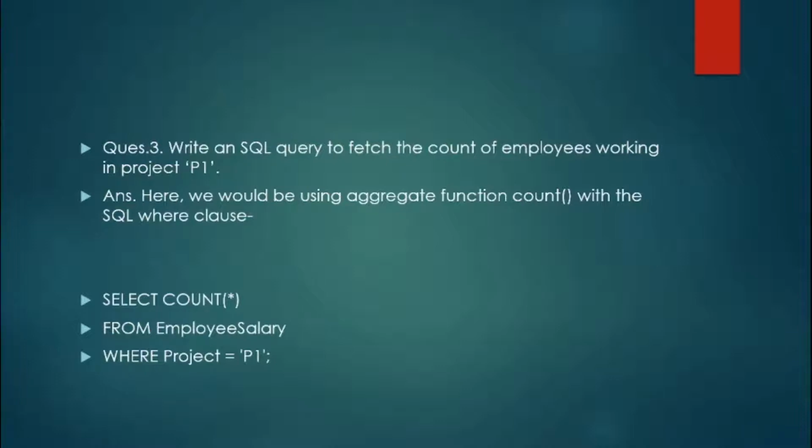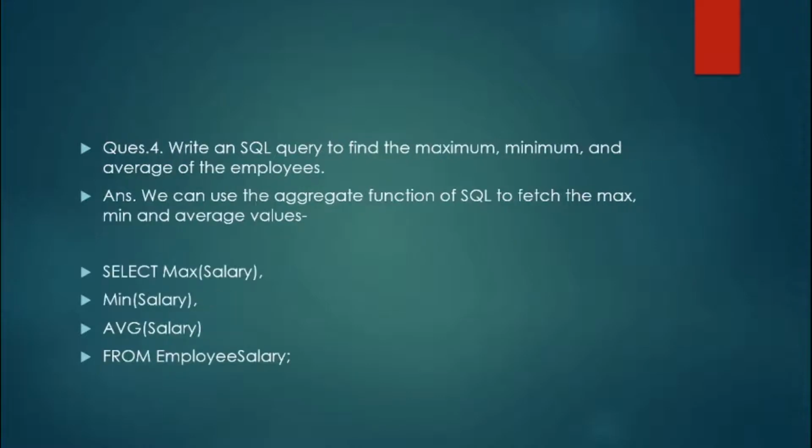Count of star counts the number of rows that satisfy a particular condition. So select count of star from employee salary where project equals P1. In this way you use count of star to count the number of employees.